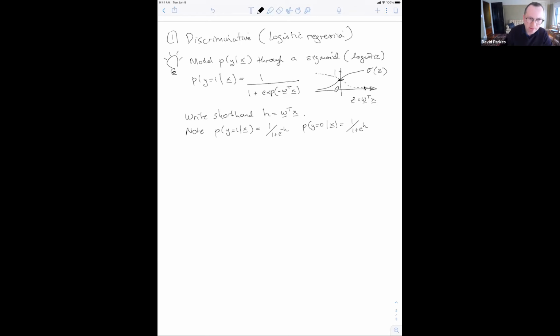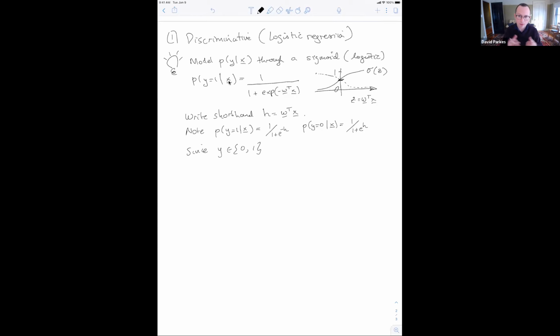So this is the sigmoid function. This is our model for the probability of a class conditioned on a feature vector describing my input. And then there's a trick. This is where we use this idea that y is 0 or 1.